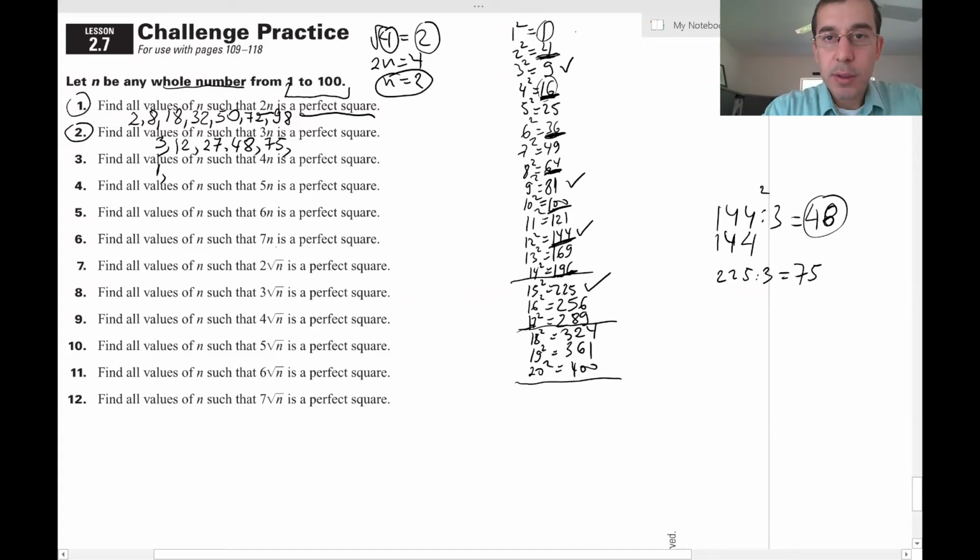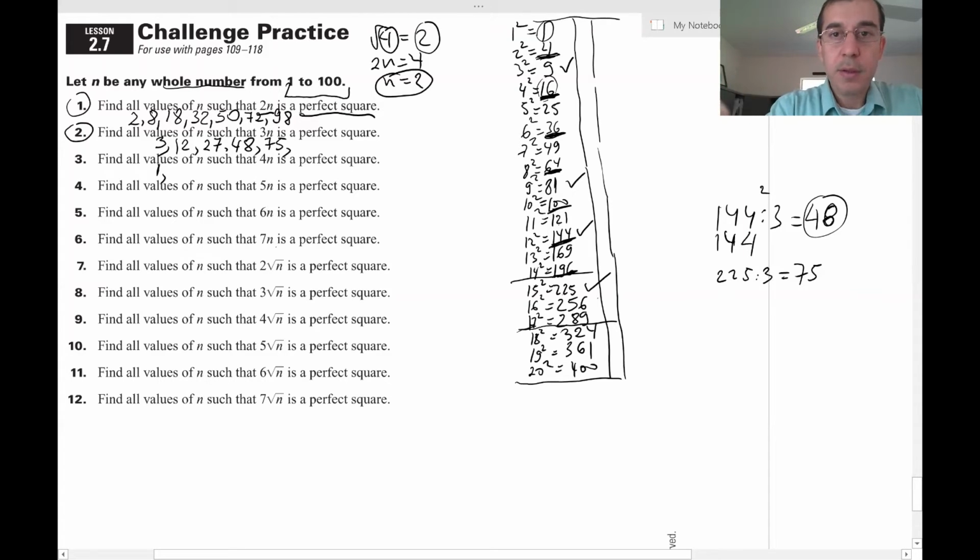So we'll just say here, that was 3, and now this is 4. Then 9 divided by 4 is not a whole number. 16 divided by 4, it's 4, yes.